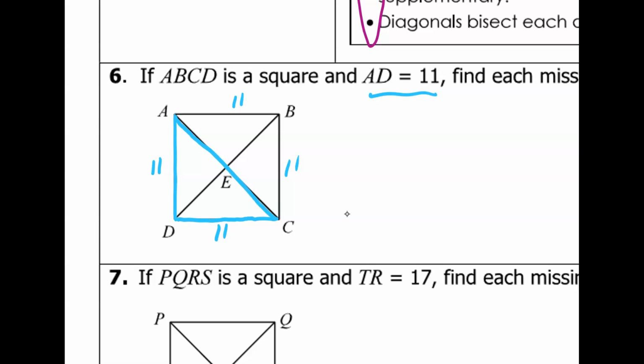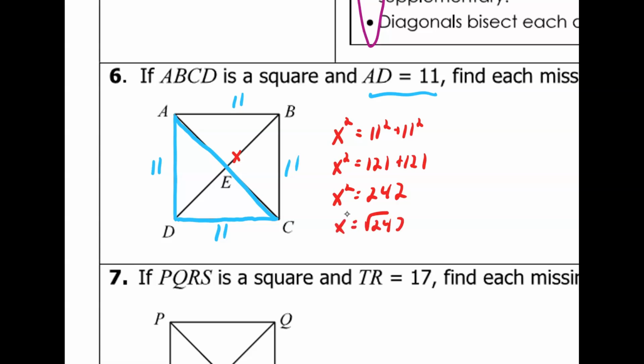Remember that this longer side, AC, is the hypotenuse. So if I temporarily call that x, then x squared equals 11 squared plus 11 squared. That's x squared equals 121 plus 121, and that's x squared equals 242, which means x is exactly the square root of 242.